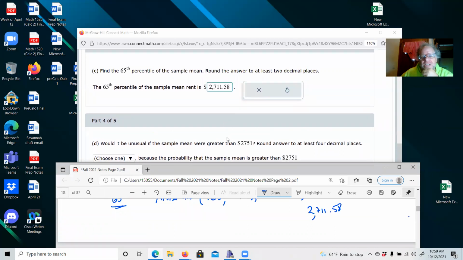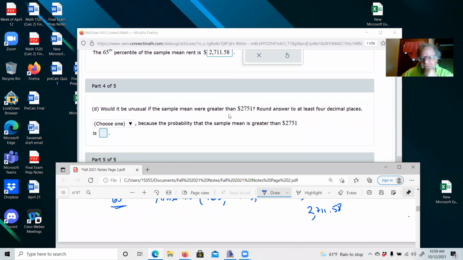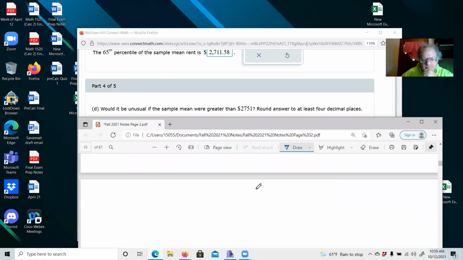Would it be unusual if we had a sample mean greater than 2,751? So X bar, we have to figure out the probability that it is bigger than 2,751. We're going back to norm CDF.